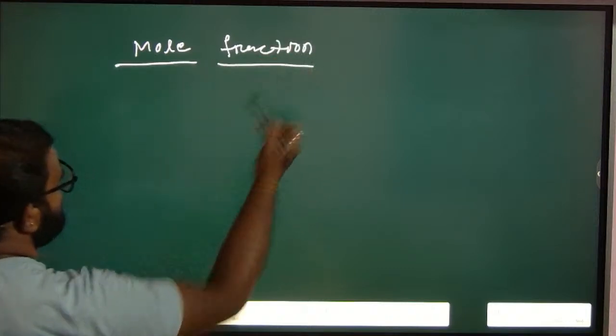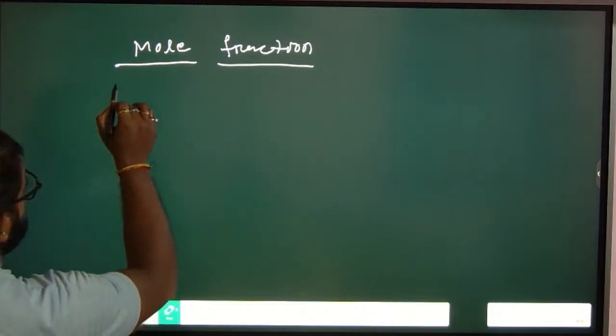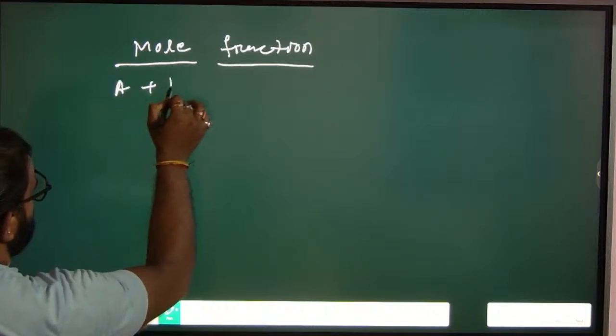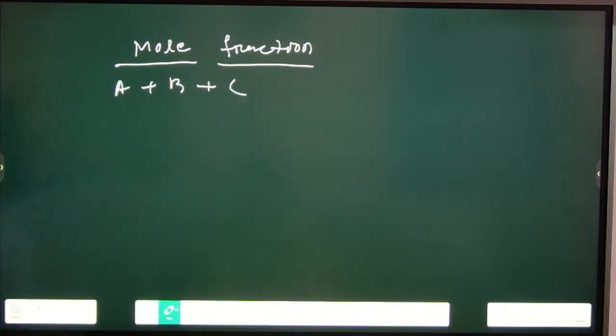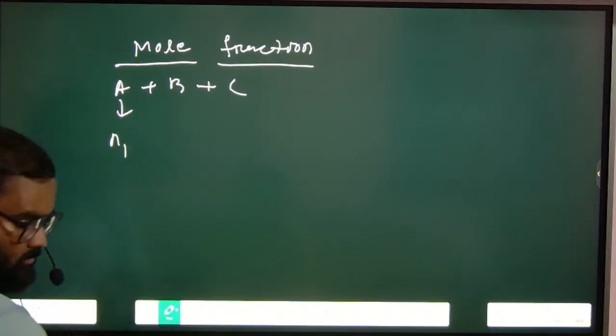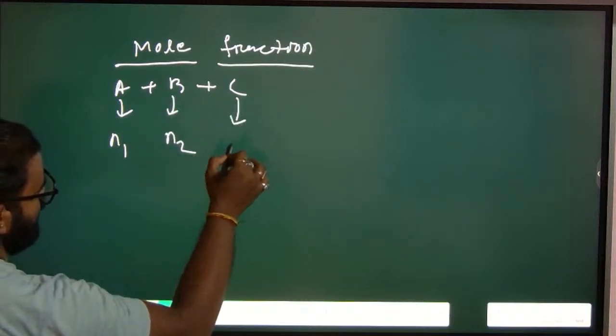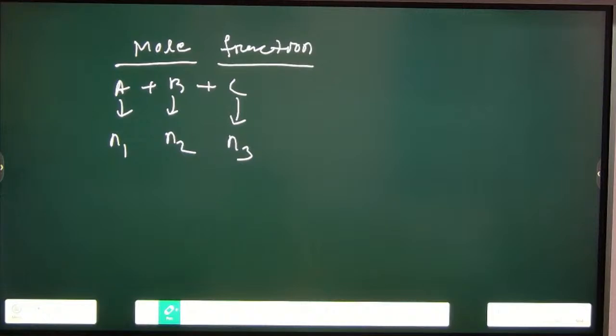Another important topic is mole fraction. Suppose you have a solution in which the components are A, B and C. 3 components are mixed to form a solution in which number of moles of A is N1, number of moles of B is N2, and number of moles of C is N3.